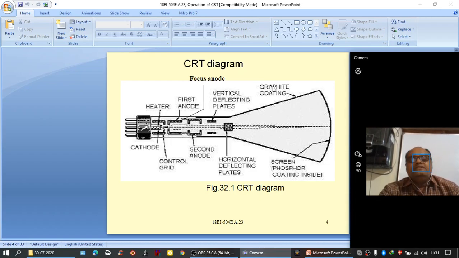Now what happens? The electron beam starts moving gradually towards the right plate. And then when the voltage is decreasing, the electron beam starts moving towards the left side.